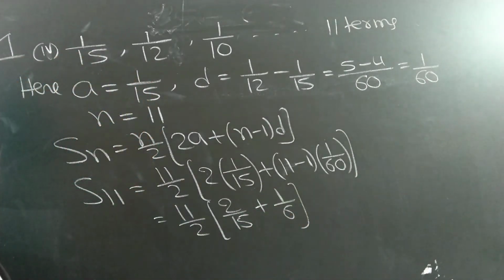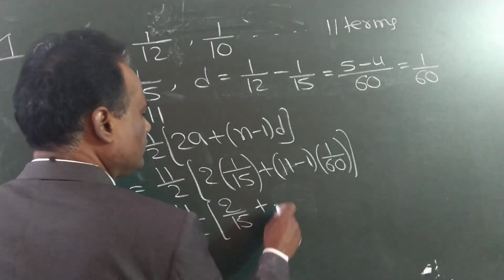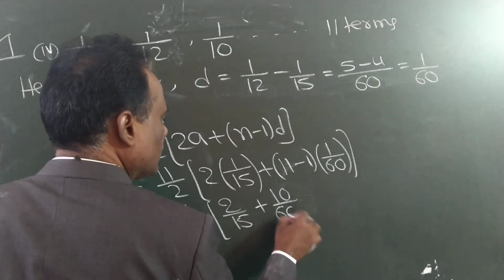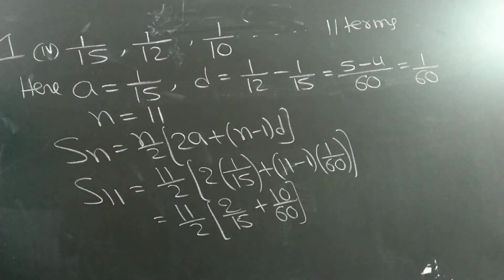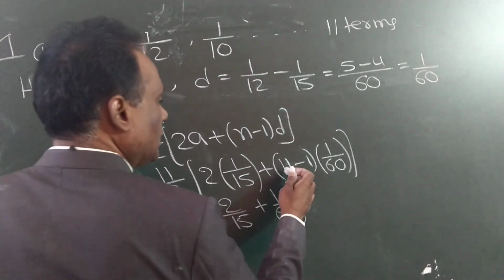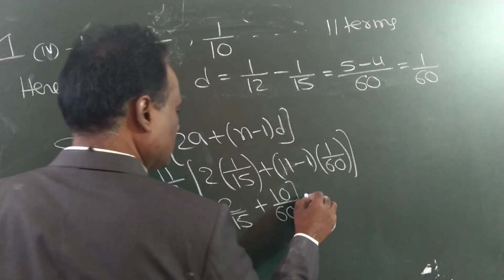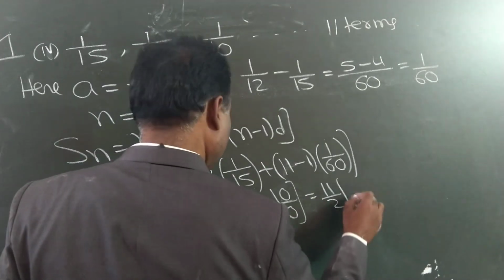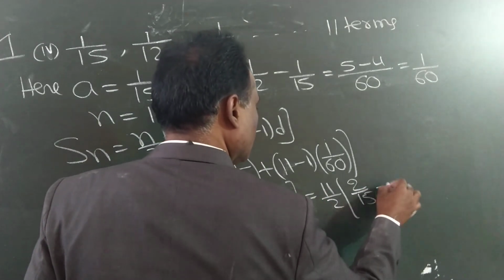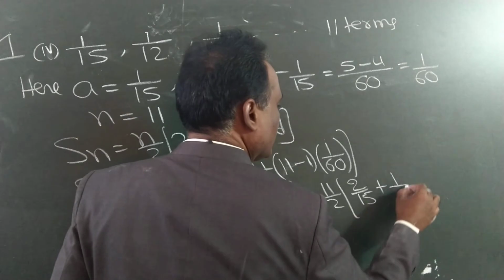I wrote it directly, or you can write 10 by 60. 11 minus 1 is 10, 10 by 60, the zeros cancel, 1 by 6.